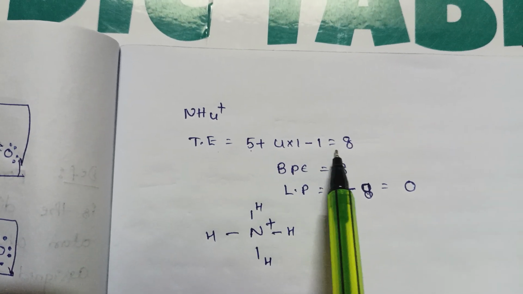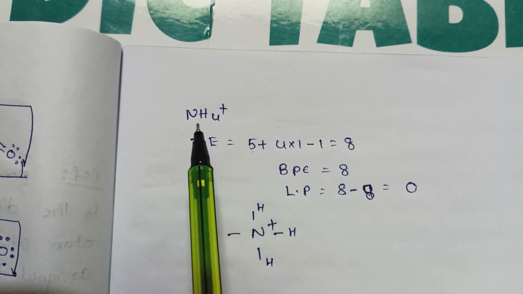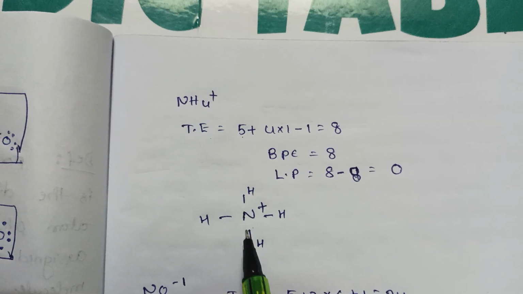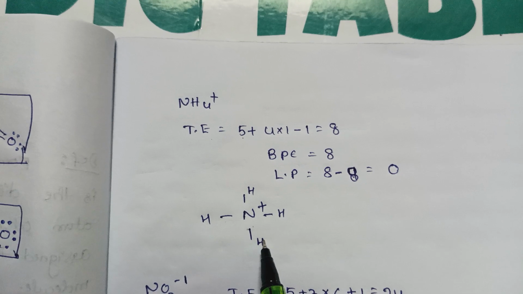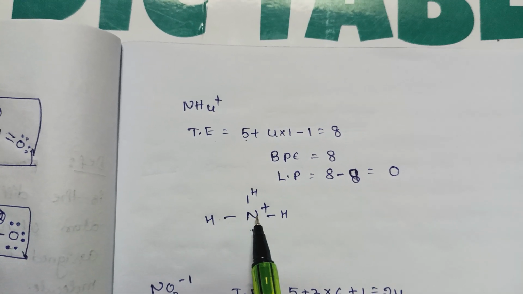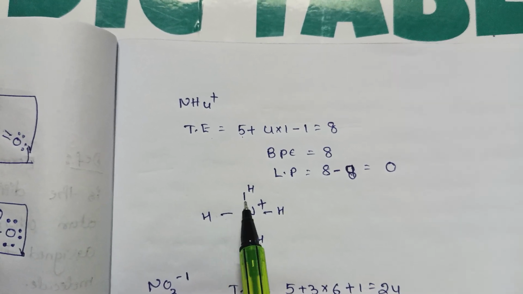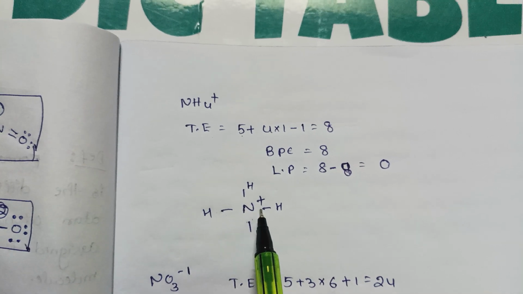Total electrons present in NH4 plus is 8. If you write NH4, the hydrogens satisfy the duplet structure. Now if we count electrons for nitrogen, 8. Nitrogen also satisfies the octet rule.